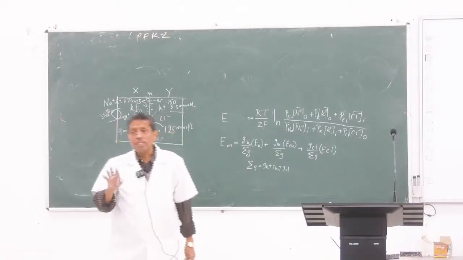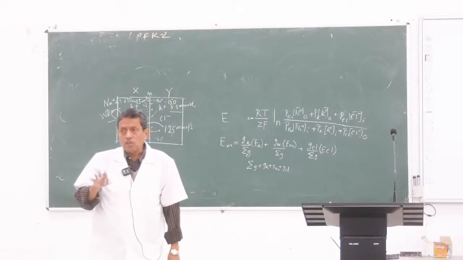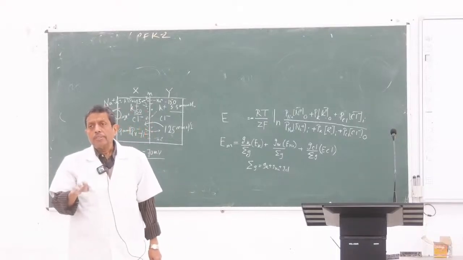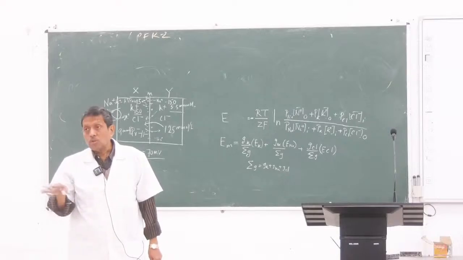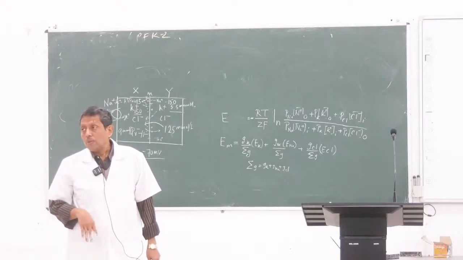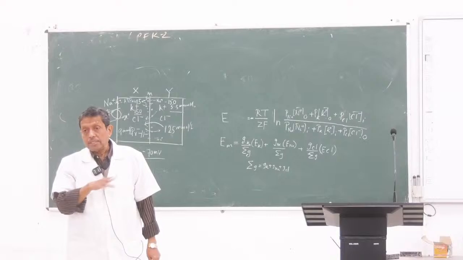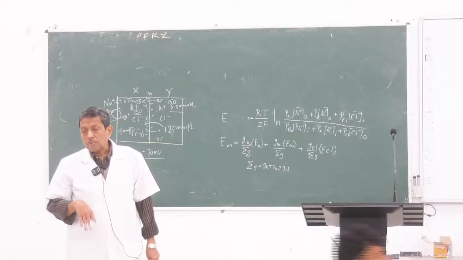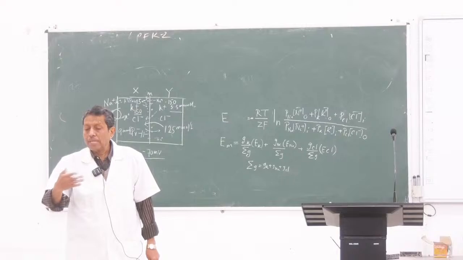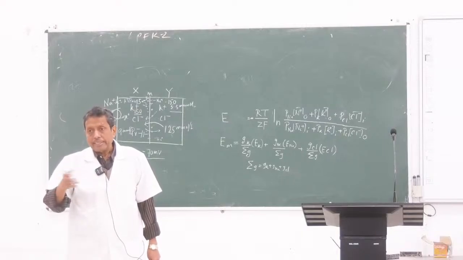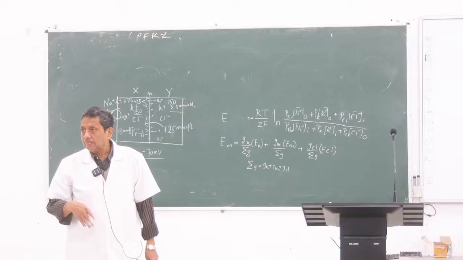So this is something about the Donnan equilibrium, and also the Nernst equilibrium potential, and how they influence the resting membrane potential. The concentrations of the ions are not exactly similar in all structures.